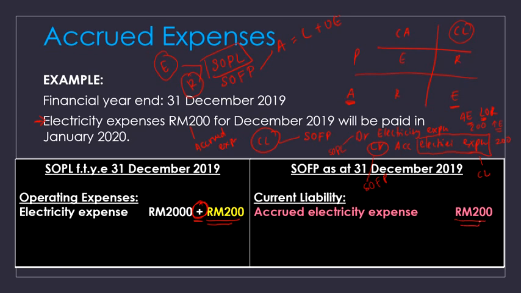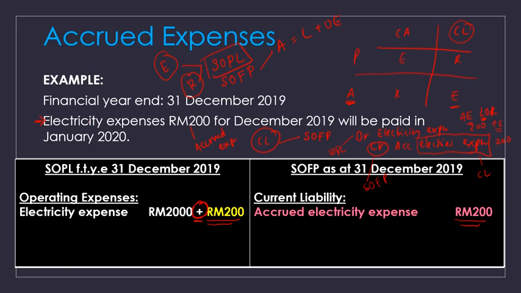Macam ni lah yang you kena adjust. You nampak dia macam ni? Okay. So maksudnya buat one by one dulu. Classifykan dia current asset ataupun current liability. Bila you dah pun classify dia current asset ataupun current liability, then only you boleh prepare the journal entry.